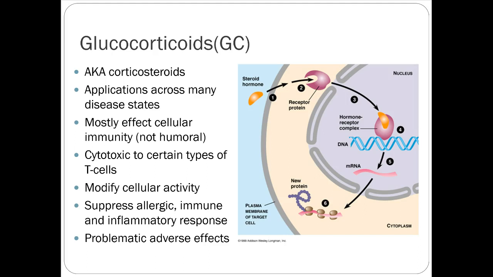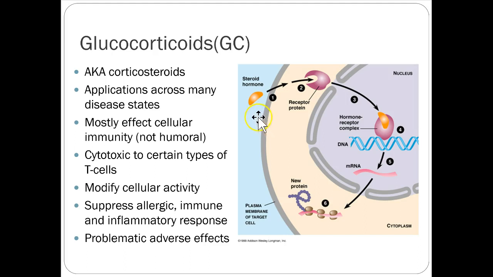So our glucocorticoids or corticosteroids, there's really kind of an interchangeable terminology there, have applications across a lot of different disease states. They're mostly affecting cellular immunity. They can be cytotoxic to certain types of T cells, but mostly what they're doing is modifying cellular activity.